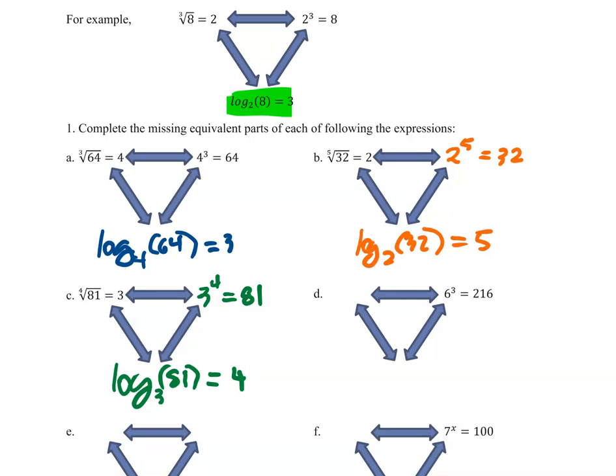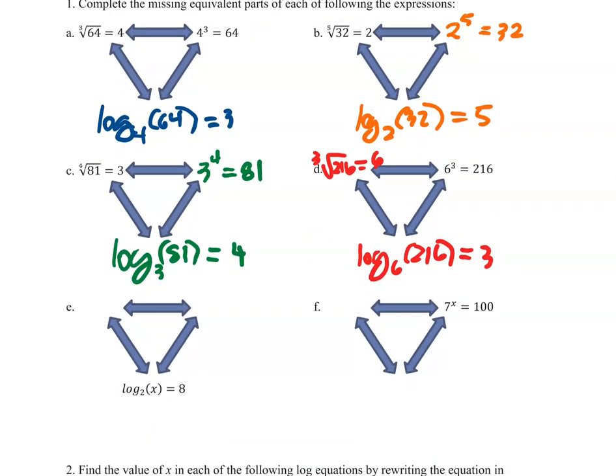Letter D, we only have here 6 cubed is equal to 216. So we can say that the cube root of 216 is equal to 6. And we can write in log form, log base 6 of 216 is equal to 3. Letter E, we only have here log base 2 of x is equal to 8.